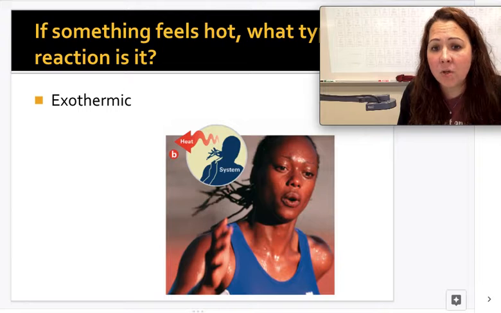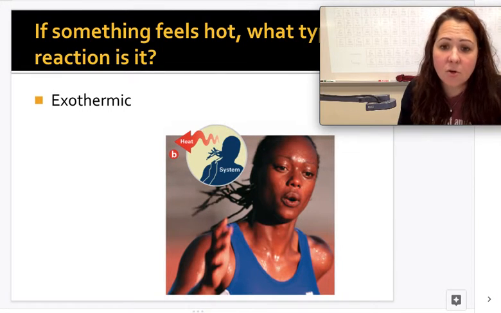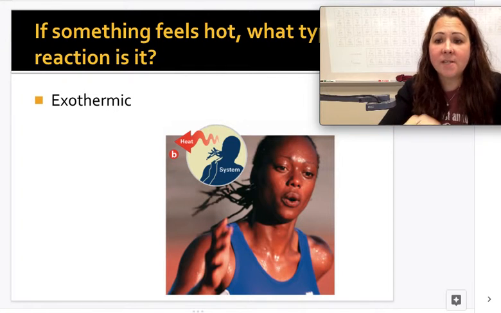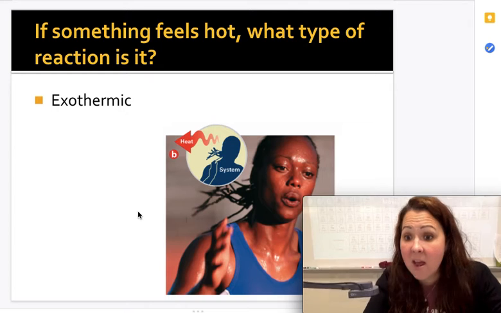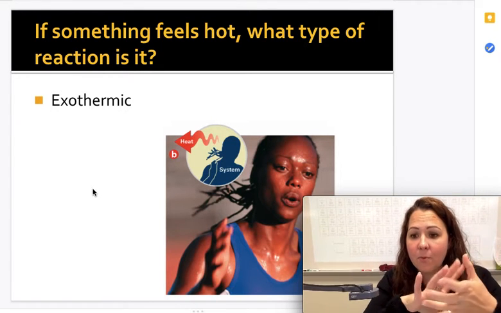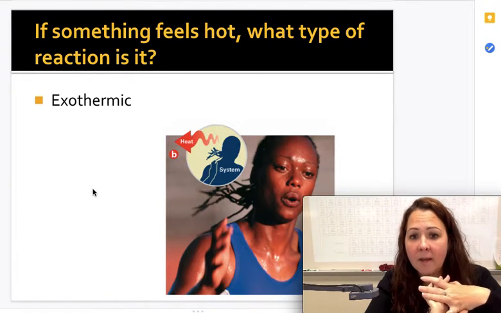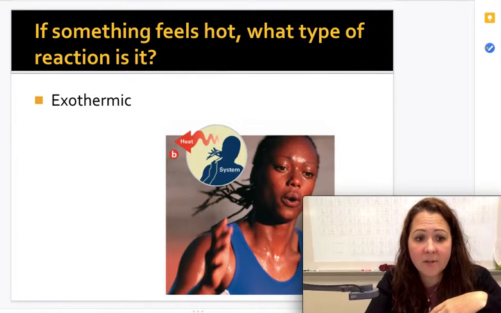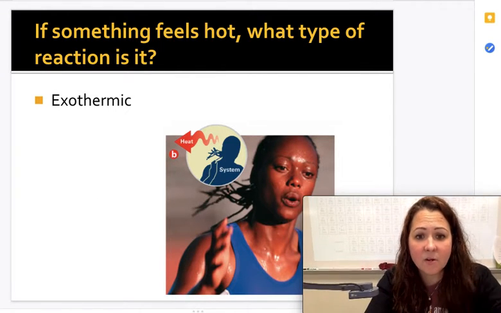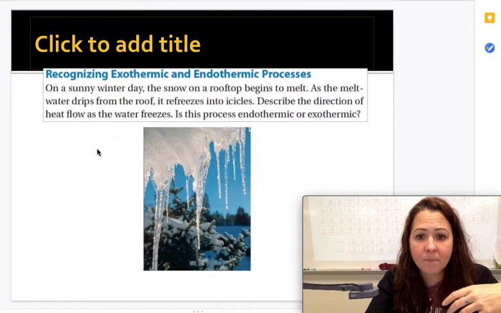So when you are looking at this, she is exothermic because heat is exiting from her body itself. The opposite of that, if the air was the system, we would have to flip that around and think about it in a different way. So really try to figure out what is your system and what is your surroundings if you are asked what is something that is endothermic versus exothermic.